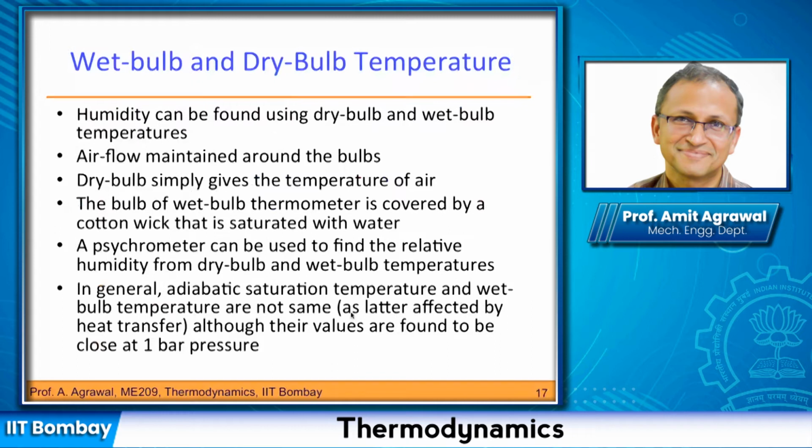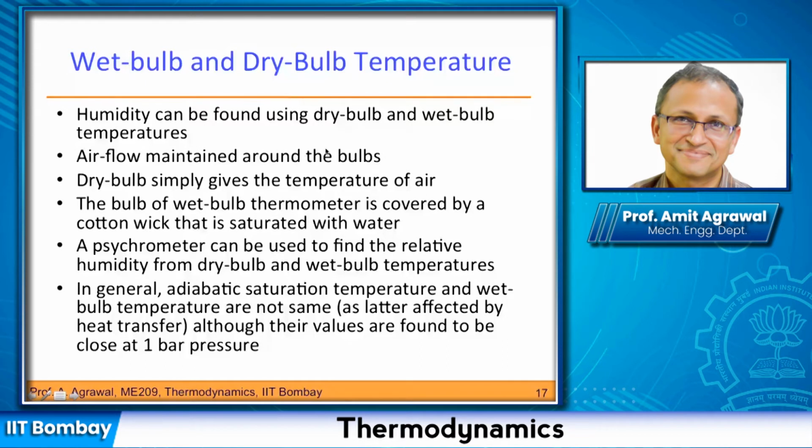Of course, when we talk about humidity, there are two important terms we encounter: the wet bulb temperature and the dry bulb temperature. We know that humidity can be found using the dry bulb and wet bulb temperatures. Classically, there were two mercury-in-glass thermometers used to measure the temperatures.